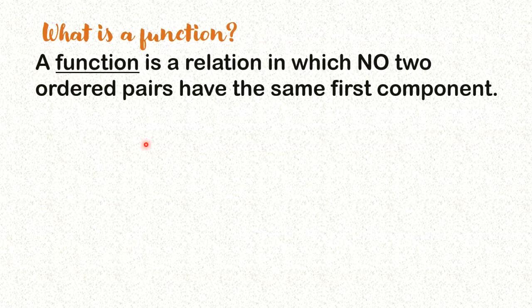Dapat walang mauulit. There are other definitions of functions, pero yung binigay ko sa inyo dito ito yung pinaka-basic na pwede nyong isipin about functions. You think of functions as sets of ordered pairs such that no two ordered pairs have the same first component.